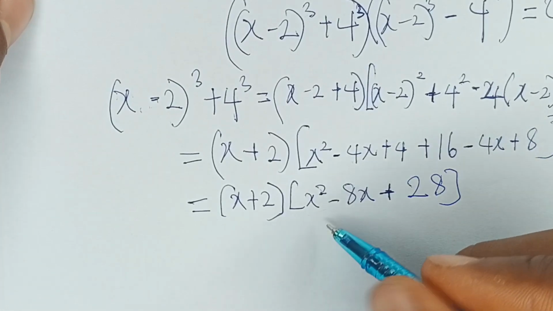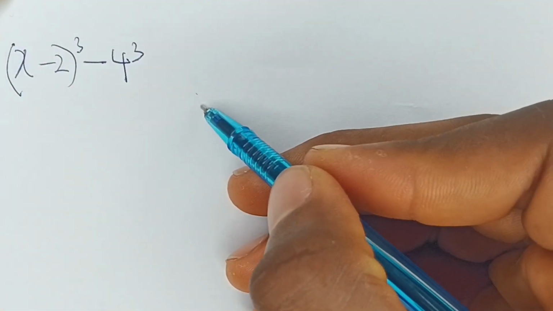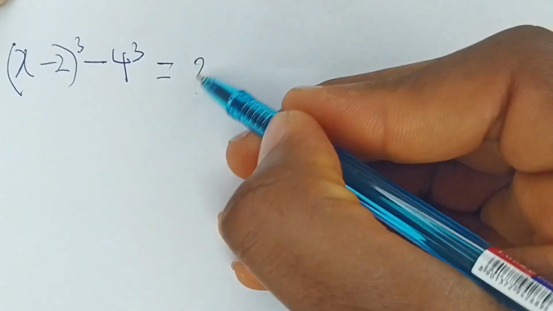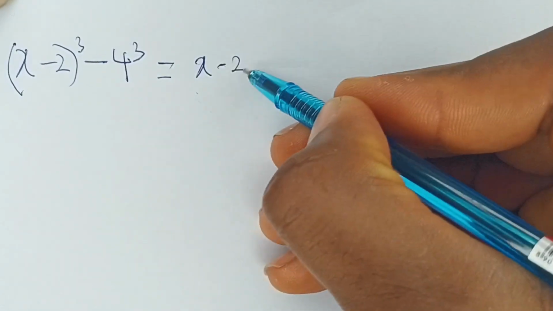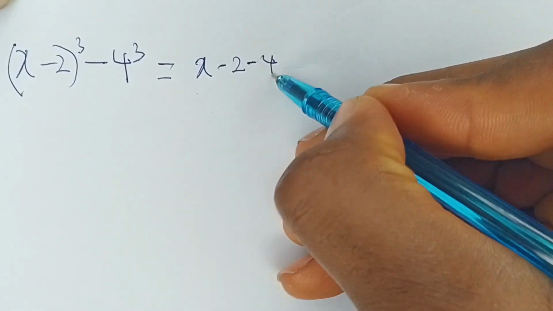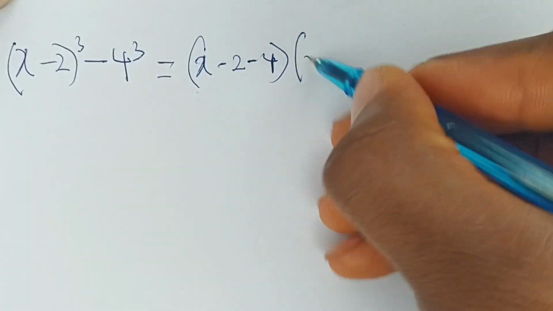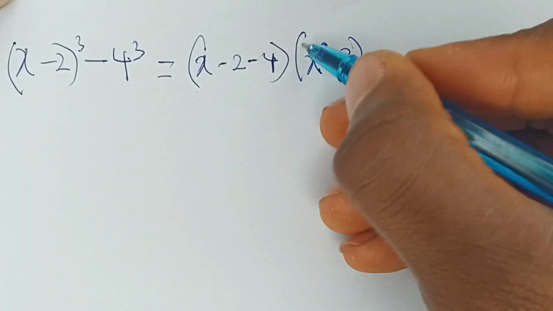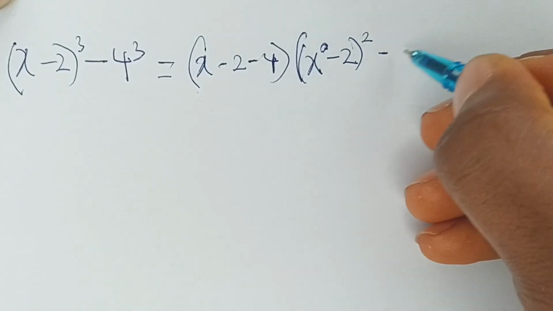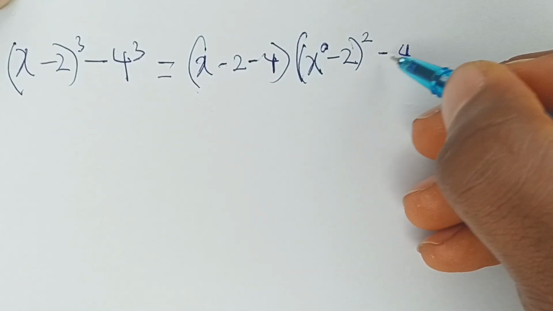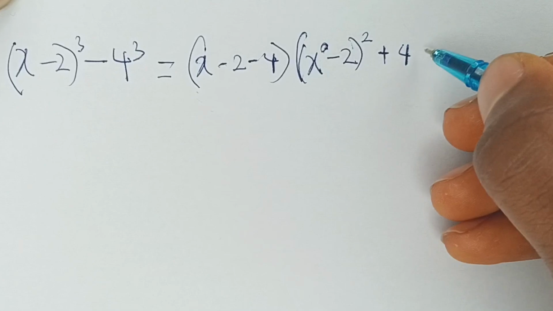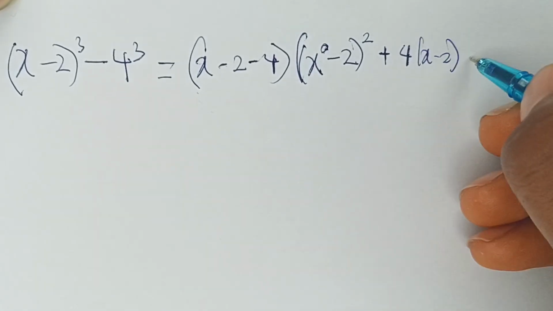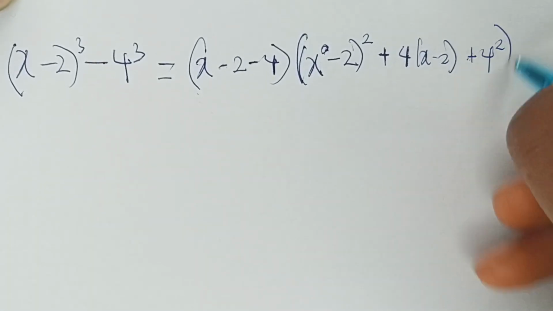So (x − 2)^3 − 4^3 is given by (x − 2 − 4) into ((x − 2)^2 + 4(x − 2) + 4^2).